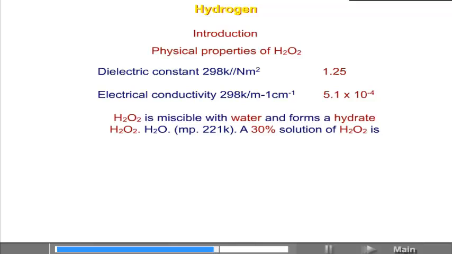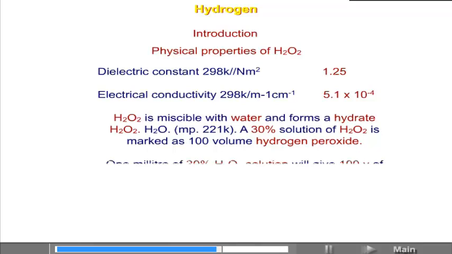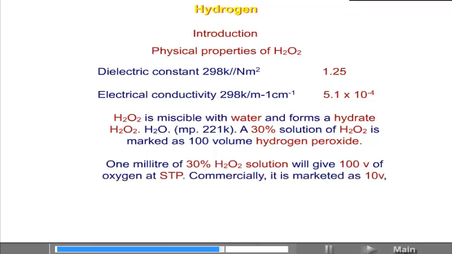A 30% solution of hydrogen peroxide is marketed as 100 volume hydrogen peroxide. 1 milliliter of 30% H2O2 solution will give 100 volume of oxygen at STP. Commercially, it is marketed as 10 volume, which means it contains 3% H2O2.